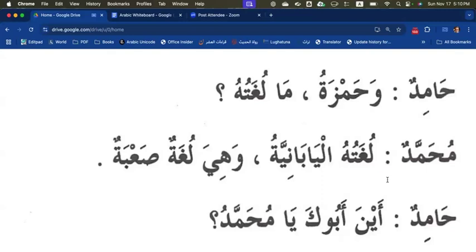This is called nisba. If I say I am from Pakistan, ana min Pakistan, I will say ana Pakistani. I put the ya at the end. That ya is different from the ya of my. That's a nisba, meaning I belong to Pakistan. Ana Pakistani, ana Amriki, ana Atlanti, I guess. I'm from Atlanta, meaning I belong to Atlanta.